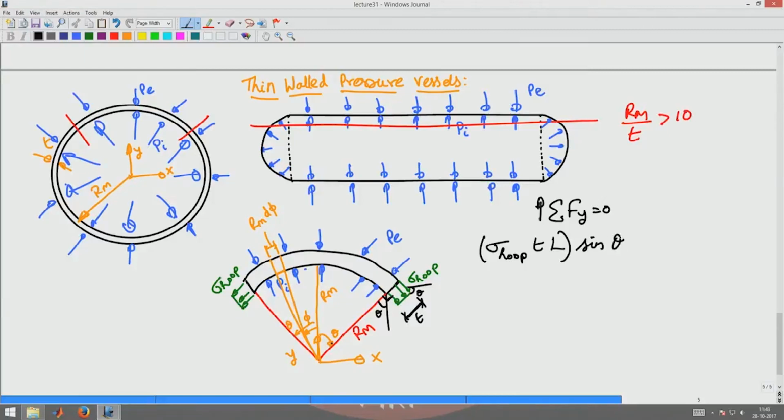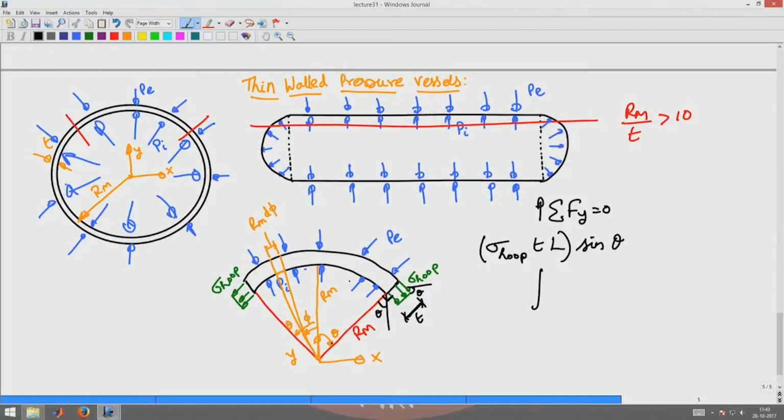Now, to this I have to add the effect of the inner pressure Pi. The inner pressure Pi acts at an angle phi. Let us look at an angular orientation phi from the center of the cylinder circle. So, basically I will have an integral, where I write the component of the stress along the vertical direction.